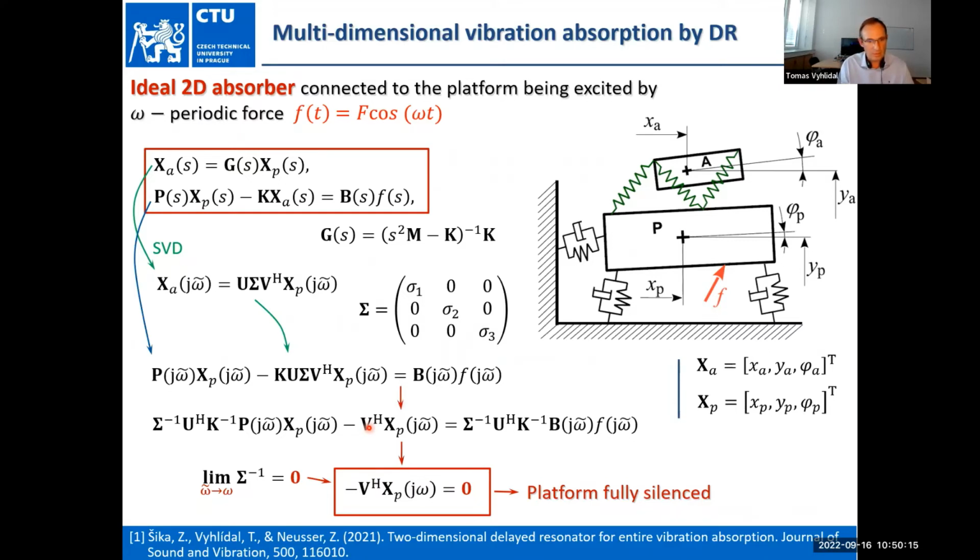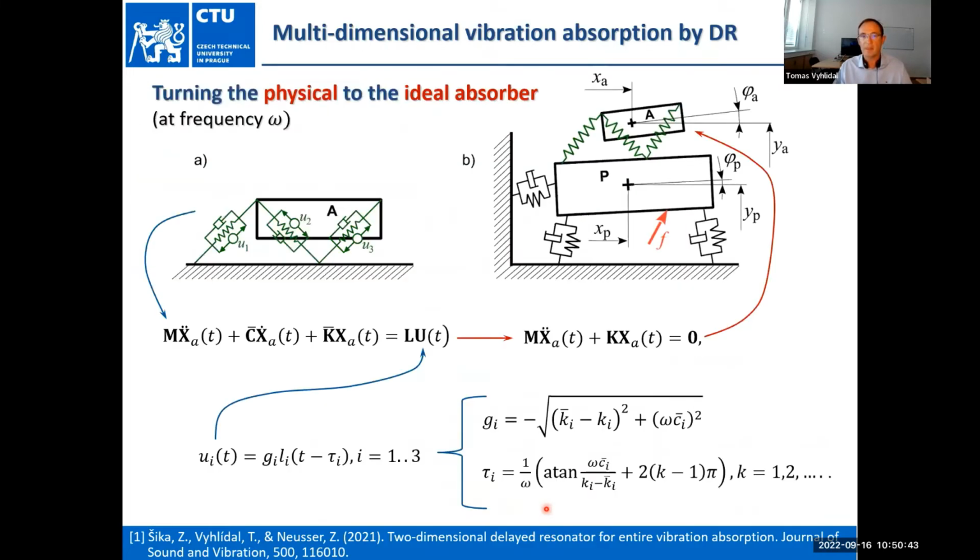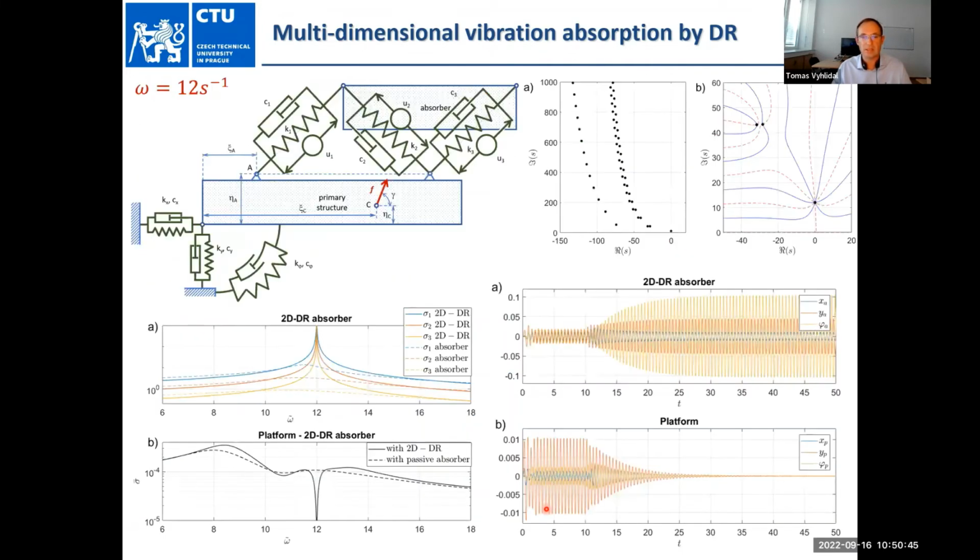If we observe how the transfer function between the excitation force and the position of the platform looks like, it's really equal to 0, because here we have the inversion of this matrix. So these terms disappear, and really, the position is equal to 0. So the platform is fully silenced.